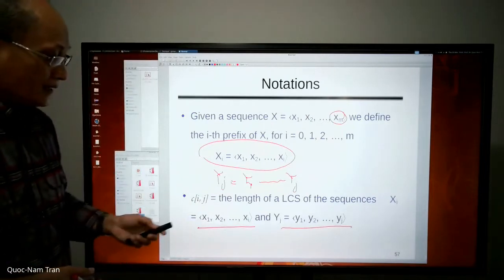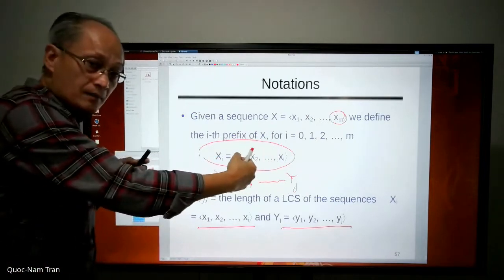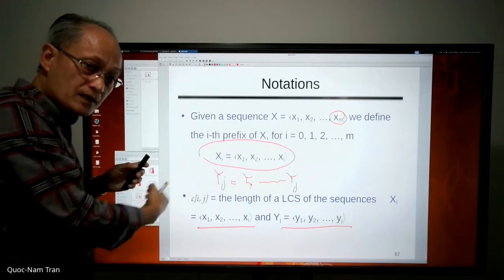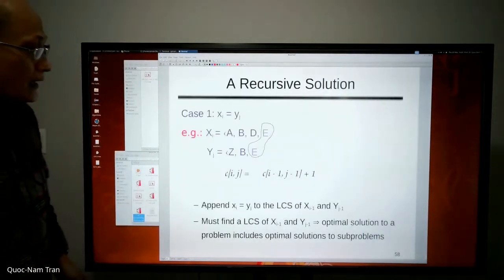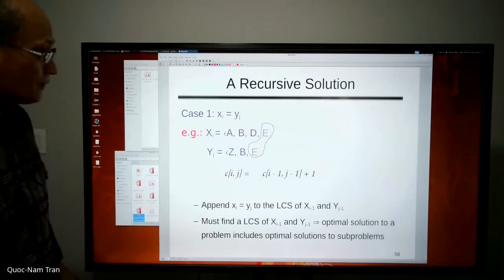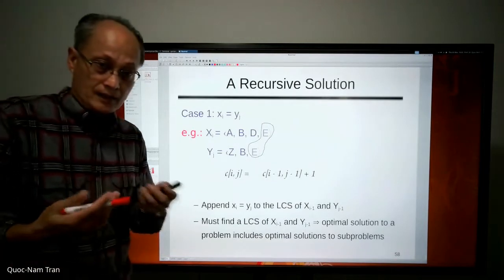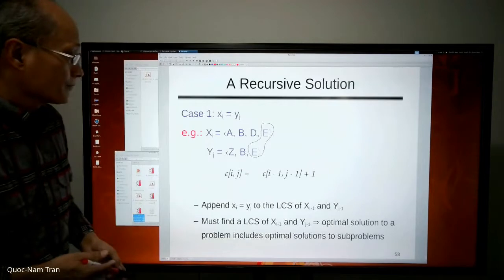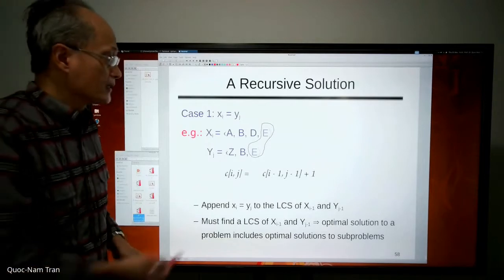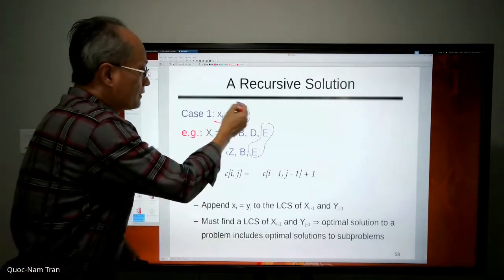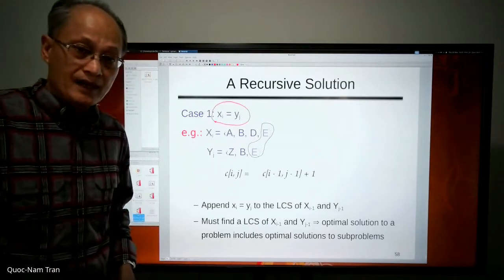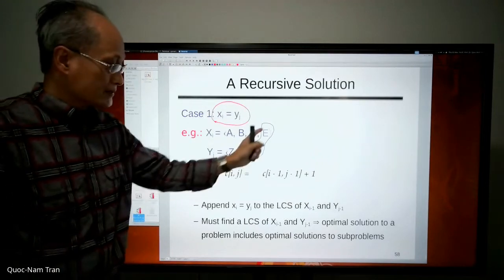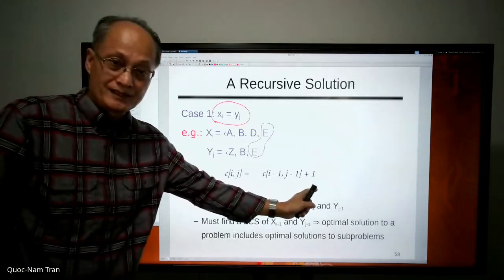But then we work back with smaller subsequences, and that's why we want to find out the longest subsequence for the smaller ones, right? So that said, if the last elements are the same, then we count it as one matching, right?